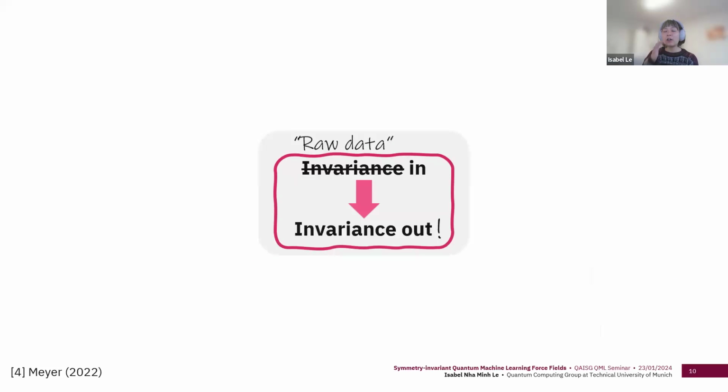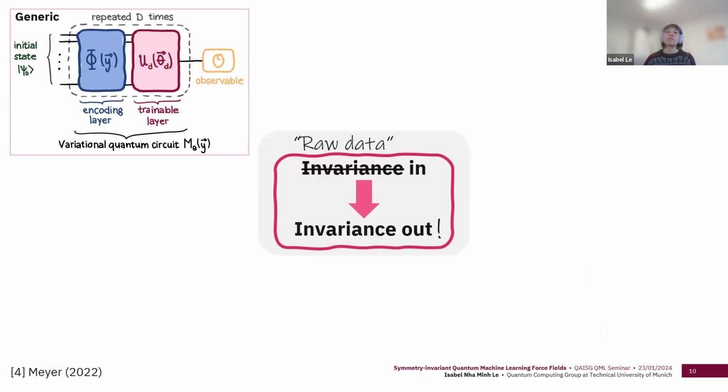Okay, so now on this slide, I want to go through the process of designing a symmetry-invariant quantum machine learning model from a generic quantum machine learning model. So we start from the generic quantum learning model that was designed to learn the forces. And now I want to show you how we have to modify it in order to obtain these symmetry-invariant outputs when it comes to the energy.